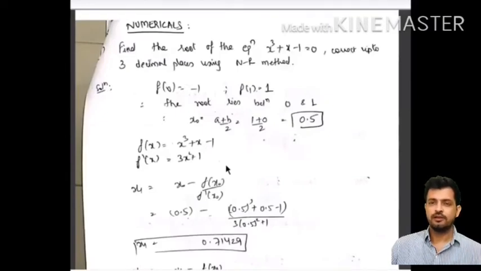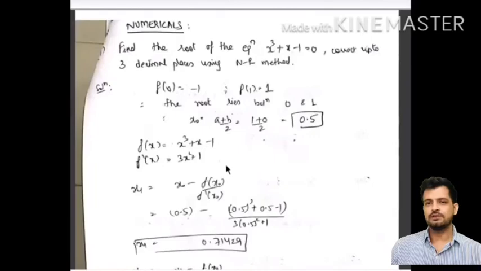Okay, if we remember what is required in the equation of x1, we require the value of f of x0 and f dash of x0. So we have to find f dash of x first. F of x is given as x cube plus x minus 1. We have to take the derivative, that will be f dash of x. F dash of x is equal to 3x square plus 1.